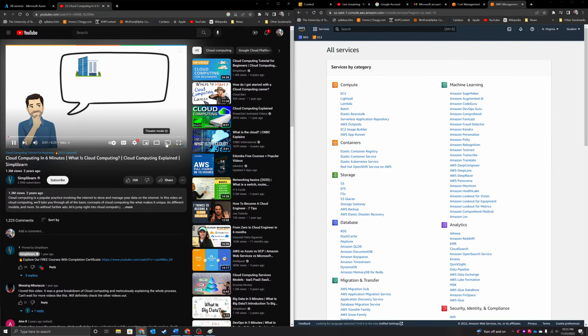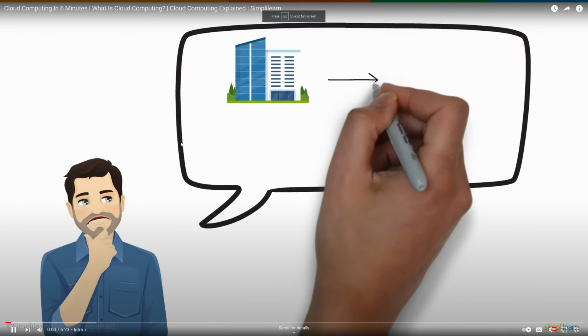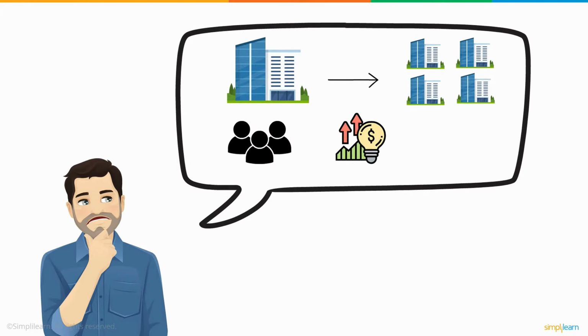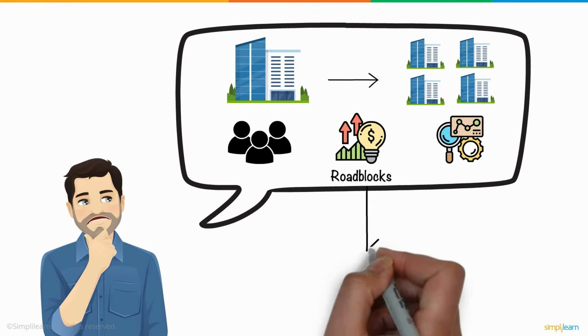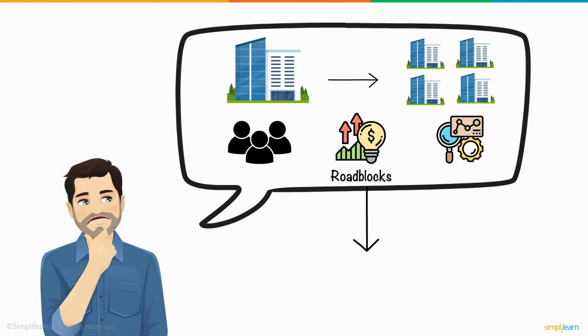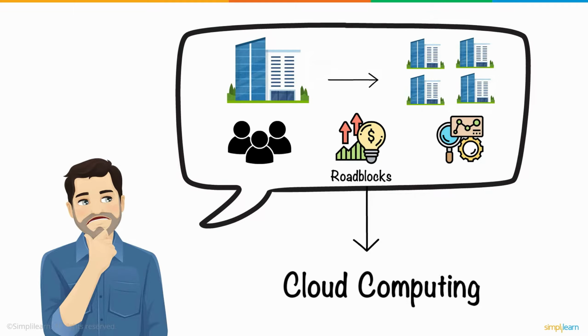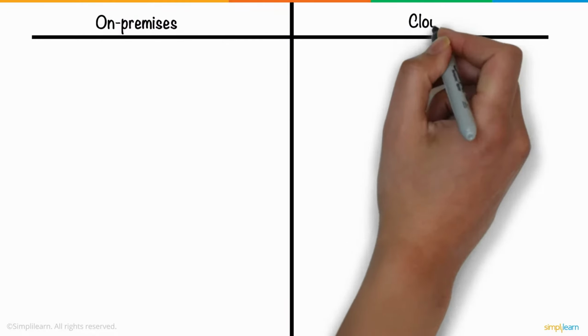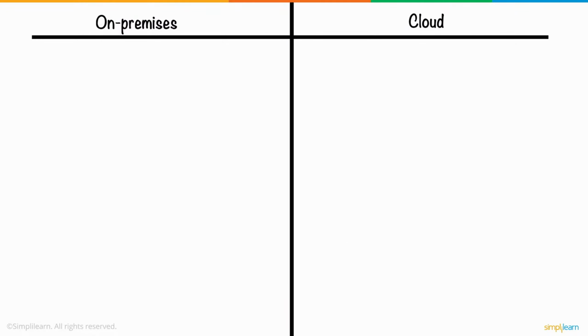You're the owner of a small software development firm and you want to scale your business up. However, a small team size, the unpredictability of demand, and limited resources are roadblocks for this expansion. That's when you hear about cloud computing. But before investing money into it, you decide to draw up the differences between on-premise and cloud-based computing to make a better decision.